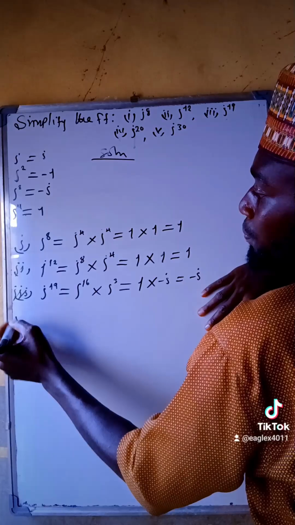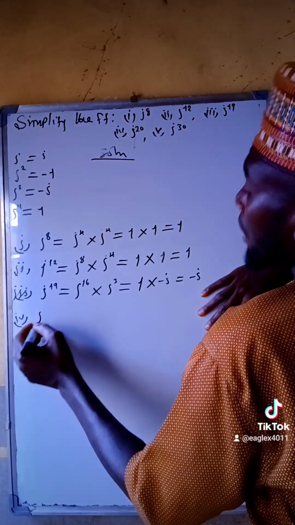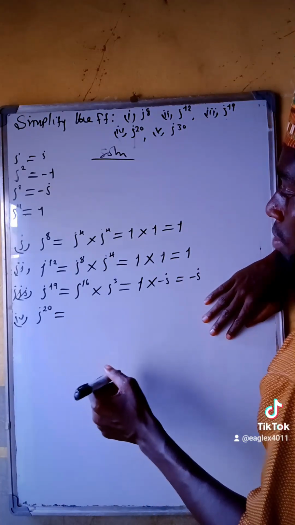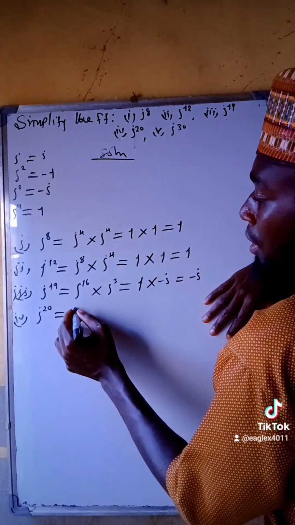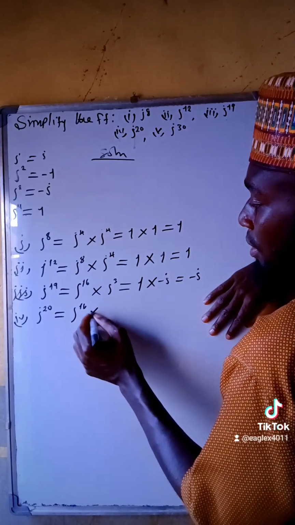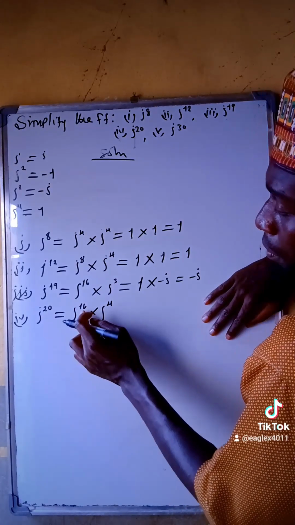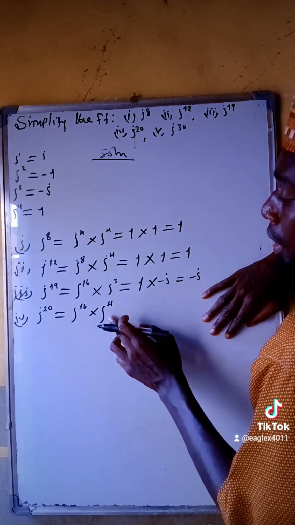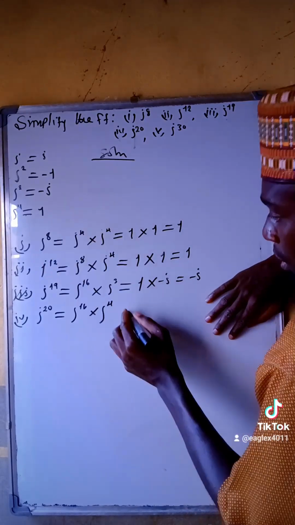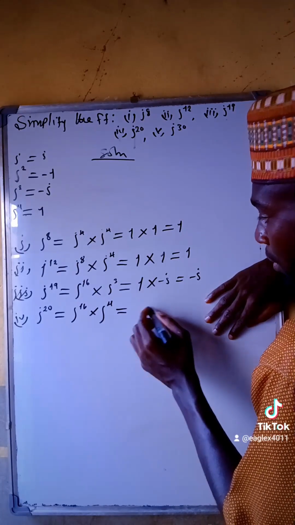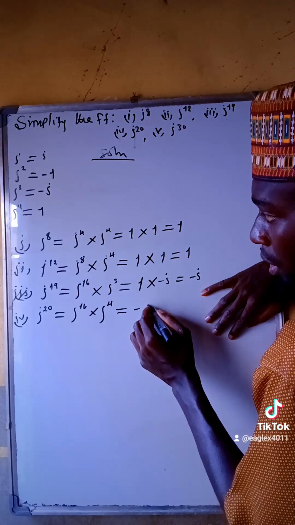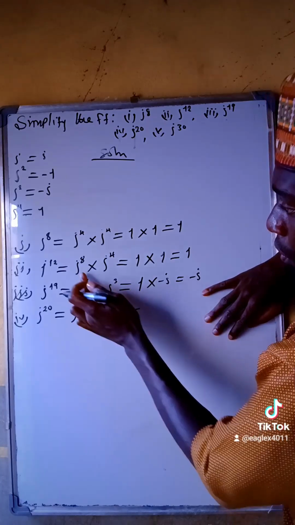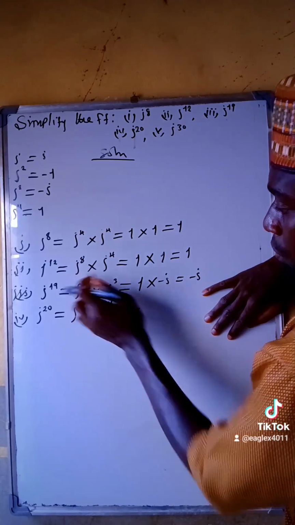And question 4, i raised to the power of 20. This is the same thing as i raised to the power of 16 multiplied by i raised to the power of 4. No, sorry, i to the power of 16 is 1, because 8 times 8 is the same thing as 1 times 1, which is equal to 1.